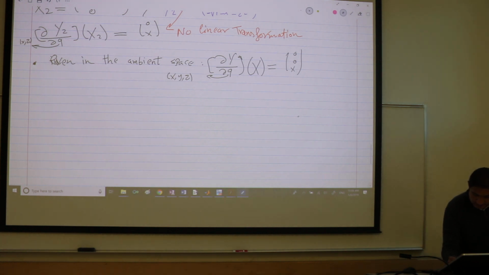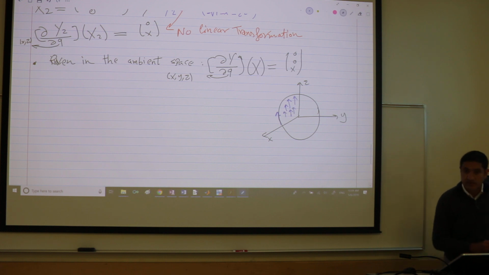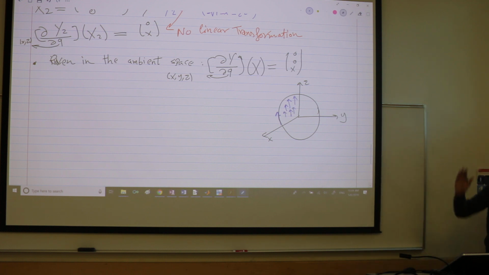This is your sphere. So this is x, y, and z. This guy is tangent here, but anywhere else, in many other places, it's actually coming out of the surface. So it's not tangent. Okay?